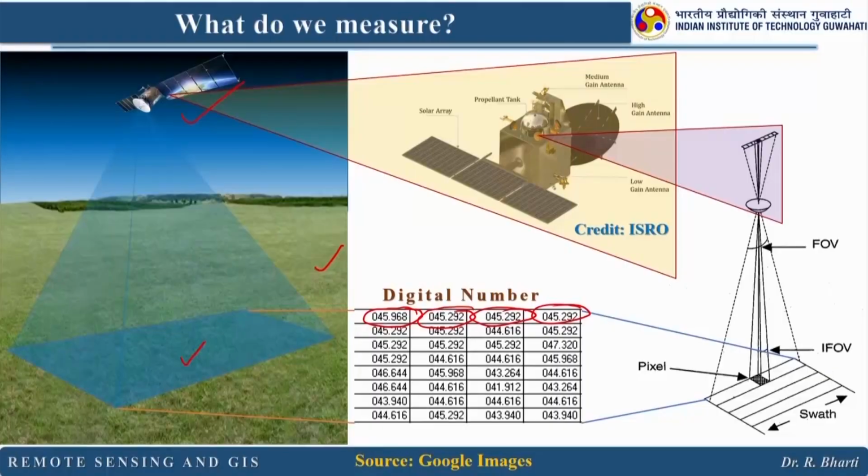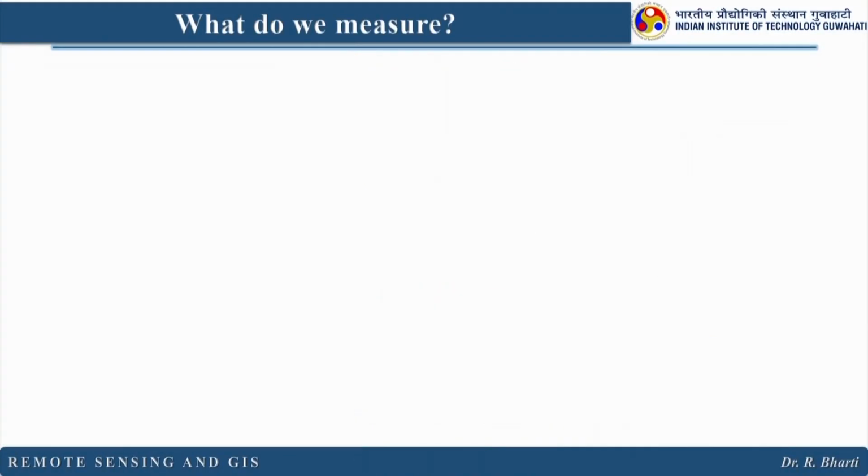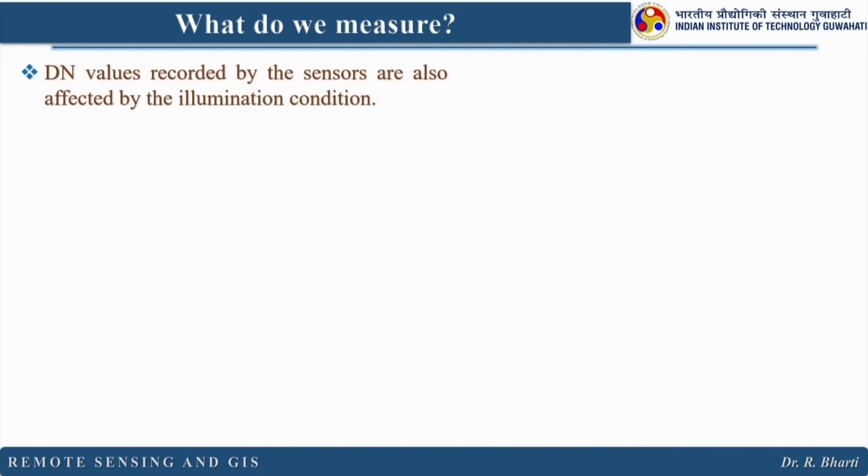So, what do we measure here? We measure DN values. DN values recorded by sensors are also affected by the illumination condition. Depending upon the illumination intensity, you will have different values for the same pixel.